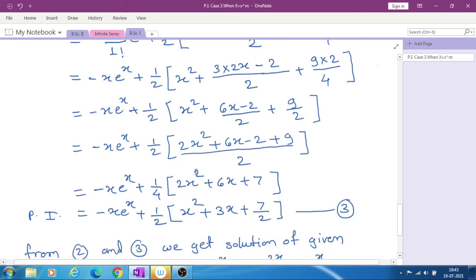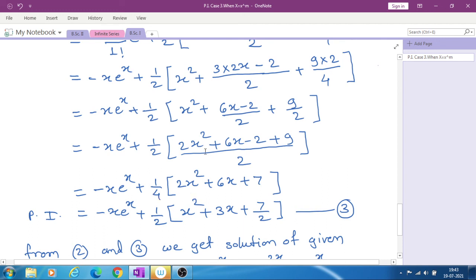Therefore this is 2x square plus 6x, and minus 2 plus 9 means plus 7. Now this denominator 2, and outside also 1 upon 2, so this is 1 upon 2 and this is also 1 upon 2, which becomes 1 upon 4.